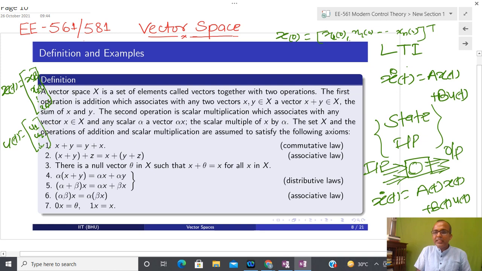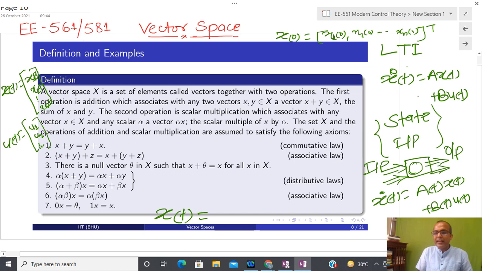So these qualify the state, and this is the evolution, the futuristic trajectory, of the state. How do we find the futuristic trajectory? By solving it. You might have seen the solution of this class of equation.